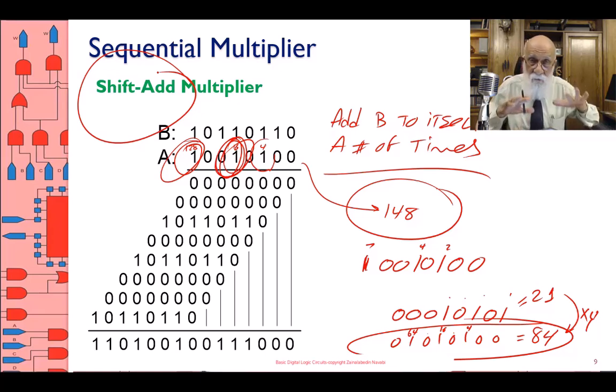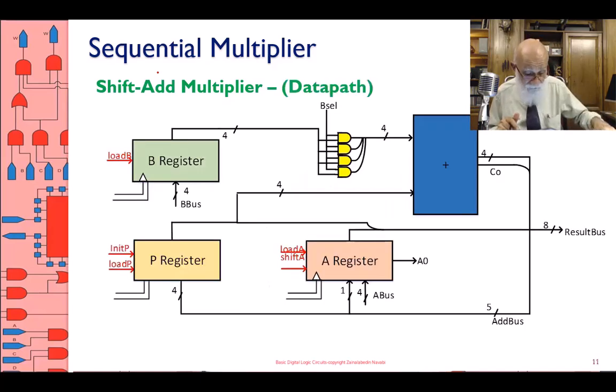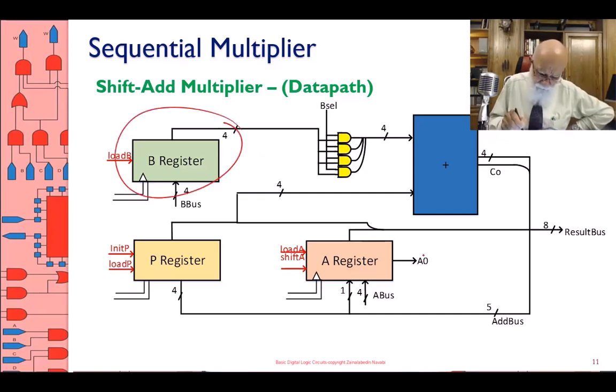I'm not going to go through any more details than what I have already shown, except that I'm going to be showing you the data path for this, and this works a lot faster than the previous one. Look, I have an A register, I have a B register, I have a P register.